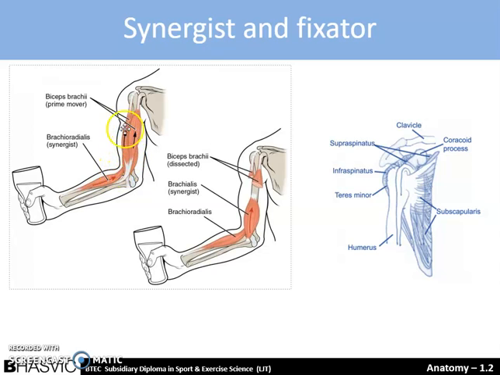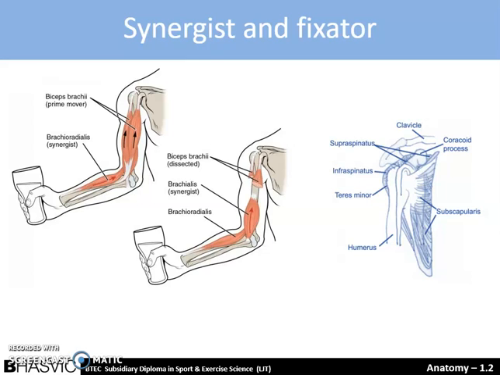It's contracting, shortening. This brachioradialis is the synergist assisting the prime mover, allowing the biceps to contract even more efficiently and effectively. It also modifies the direction of movement.